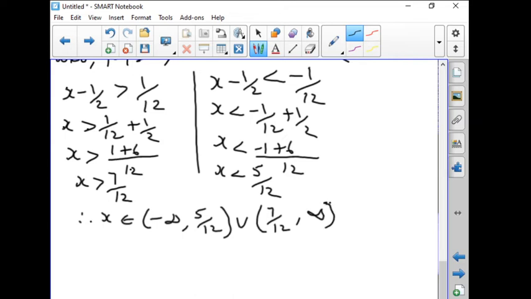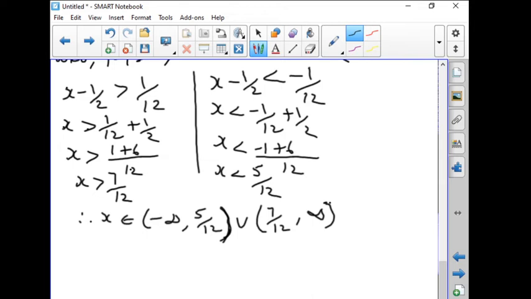Okay, 5 by 12 is a smaller number. It is smaller than 7 by 12. So, we write 5 by 12 first. And we use this bracket. Here in this chapter, brackets mean a lot. Okay, so brackets are very, very important.